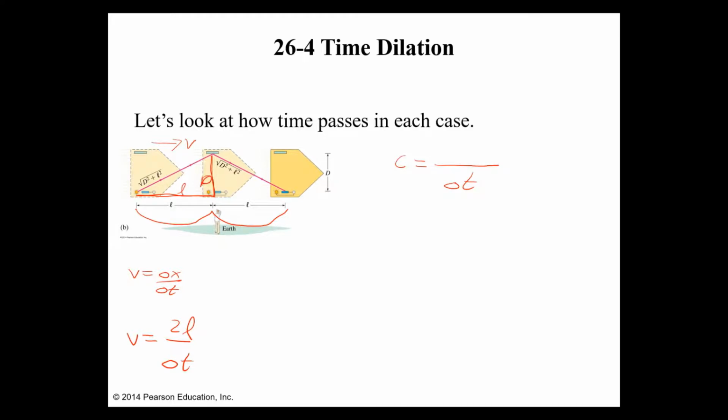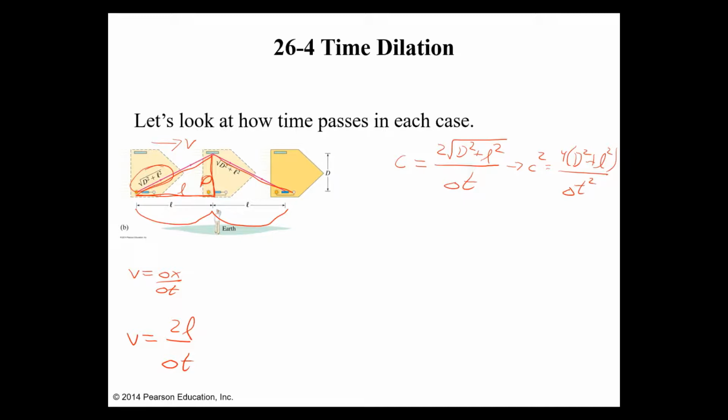Using the Pythagorean theorem, each leg is the square root of d squared plus L squared. But it has to do two legs, to the mirror and then back to the receiver. So it's 2 times the square root of d squared plus L squared. Now, we're going to get rid of the square root. So c squared equals 4 times d squared plus L squared, over the change in time squared. So we just squared everything.